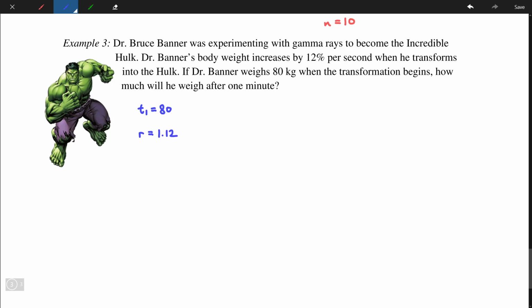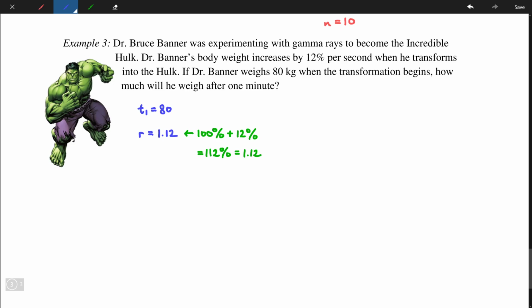Now, why is it 1.12, you might ask? Well, it's 100% and then a 12% increase. So that's 112% or 1.12. That's our common ratio. Okay.